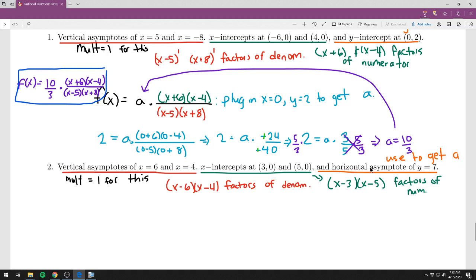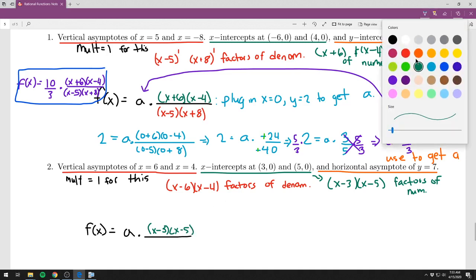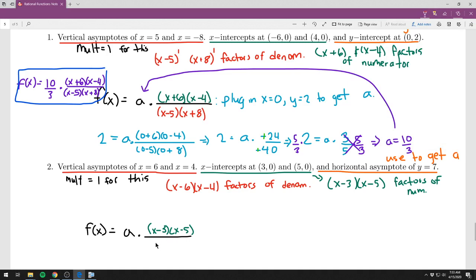At first, this is going to seem really challenging, but we'll see the way it works out. It's pretty nice. Okay, so we got f of x equals a out front. Our numerator, we got x minus 3 times x minus 5. And we've got our denominator, x minus 6 times x minus 4.